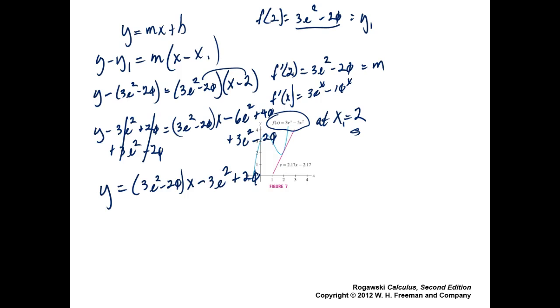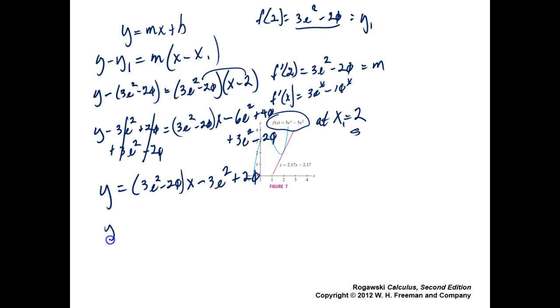Okay. Now, what they do in the book here, except seems like there's one of these is the wrong number, isn't it? Oh, got it.